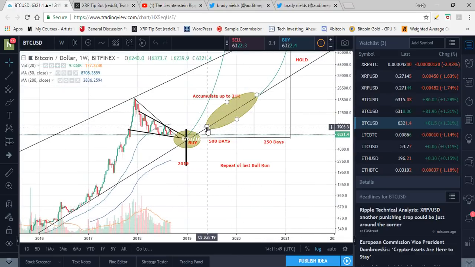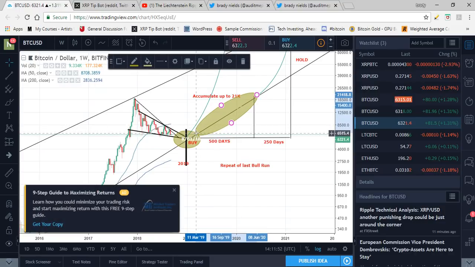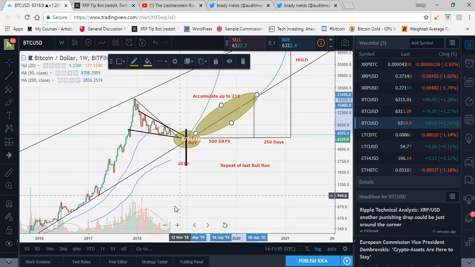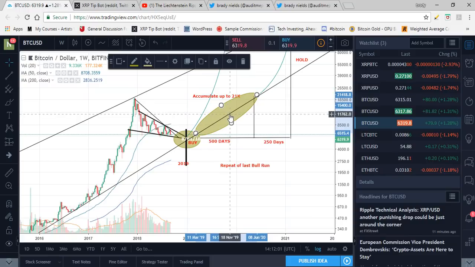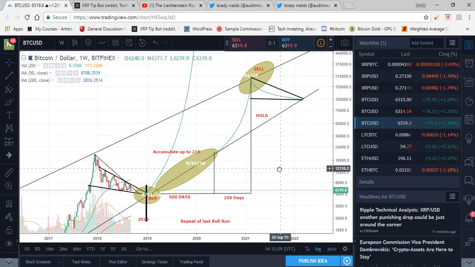I guess it should extend down to here, but this is where you want to accumulate via dollar cost average, because your income you're not going to get all at once. You're going to get paid, and you put a little bit of that into Bitcoin over and over and over again.